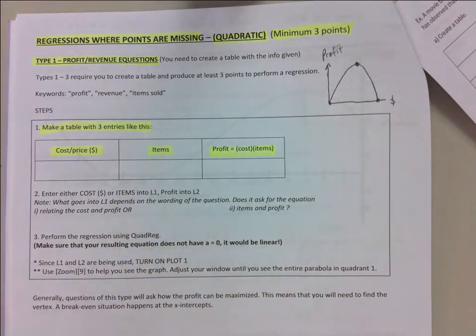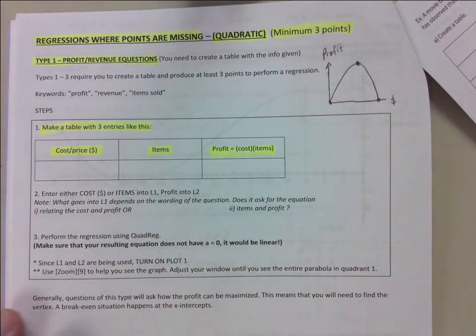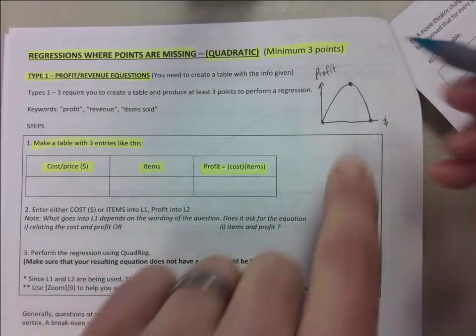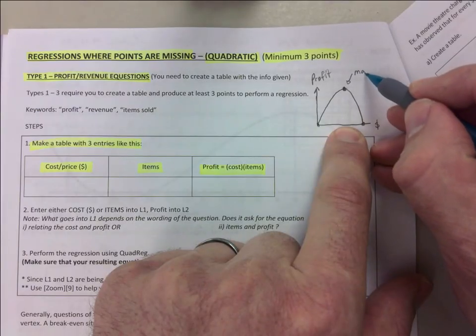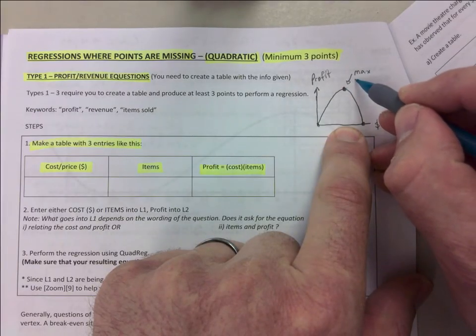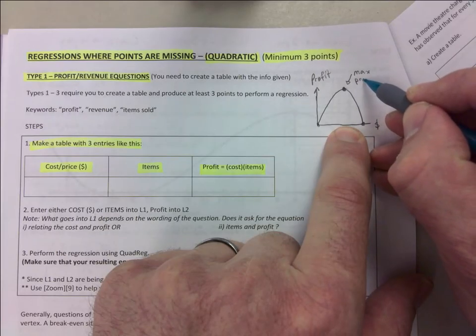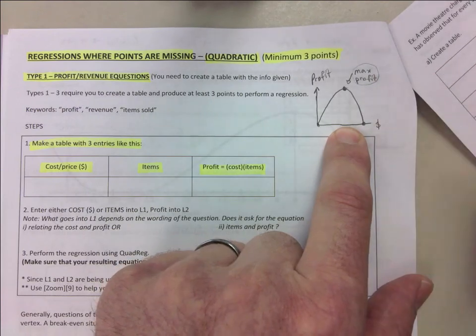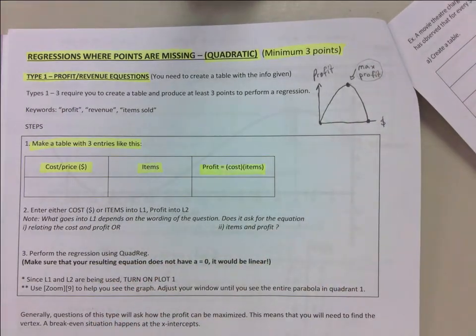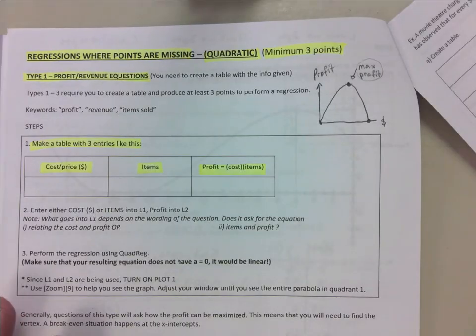There's a point where you don't make money, you don't lose money, but you break even. So these types of questions are often concerned with the vertex. At the vertex, you find the maximum profit that you could possibly make within the scenario.